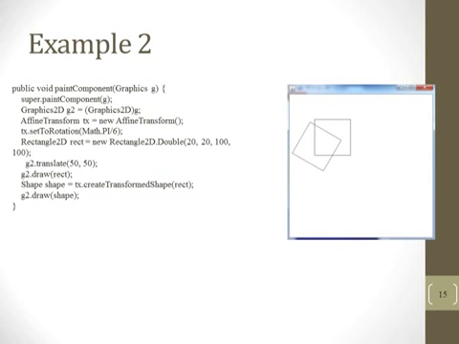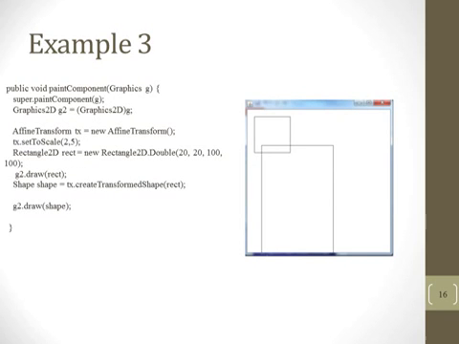After this, we apply tx on the rectangle. After applying tx, the rectangle will be rotated, and the rotated rectangle is named shape2. Then we draw the rotated rectangle, rotated about the origin by an angle pi over 6.